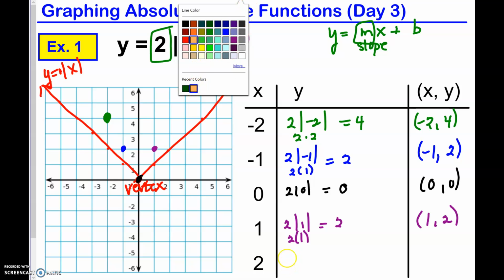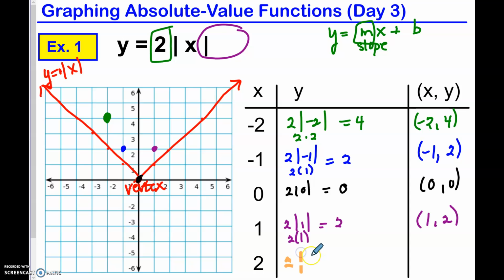So we're going to plug in 2, and the absolute value of 2 is 2, and 2 times 2 is 4. So we have the ordered pair 2, 4. Over 2, up 1, 2, 3, 4. And now we can make our V here.